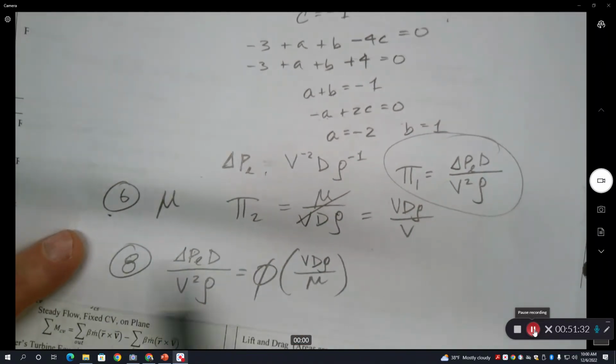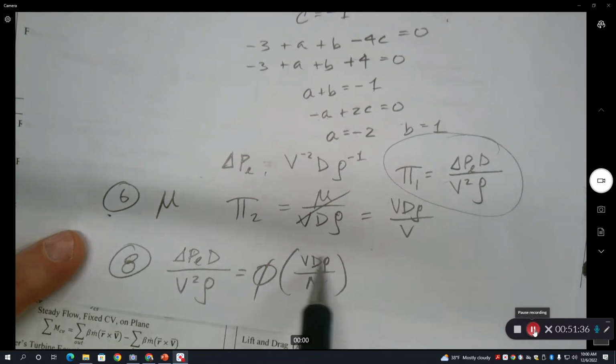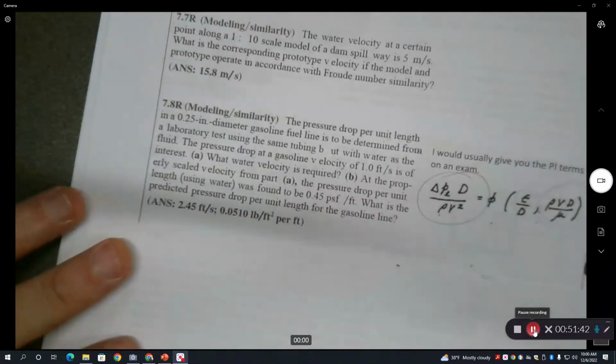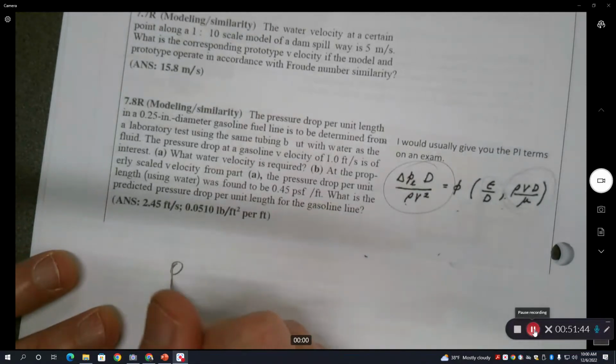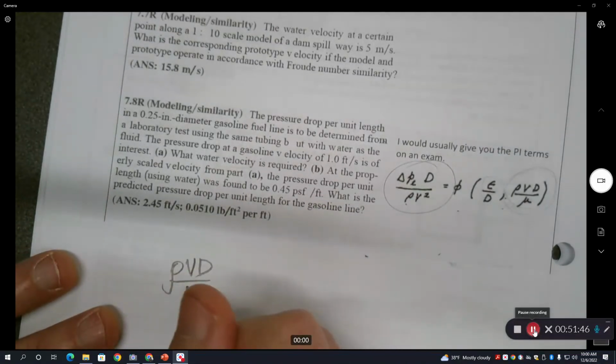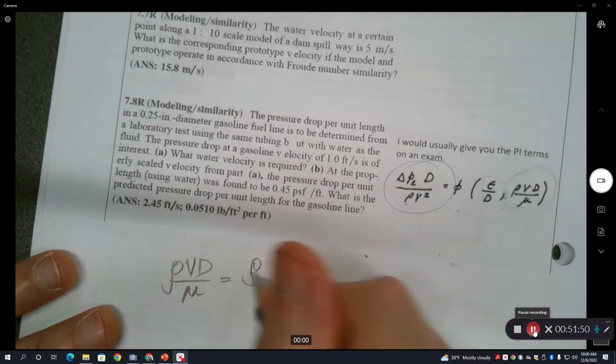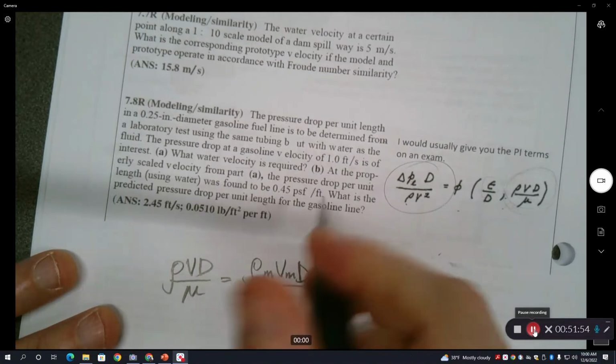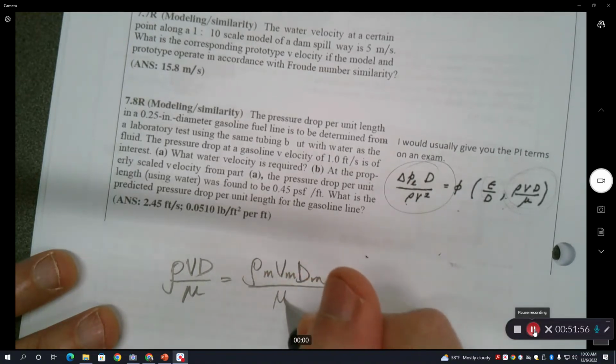So that's the big idea of the Buckingham Pi, that we have this dependent pi term and this is the main pi term. So then we can follow the law right in there. So we have to say that rho VD over mu is going to be equal to rho m Vm Dm over mu m.